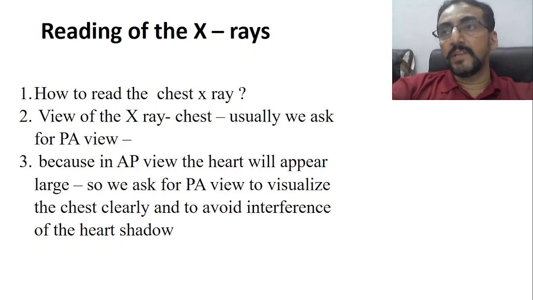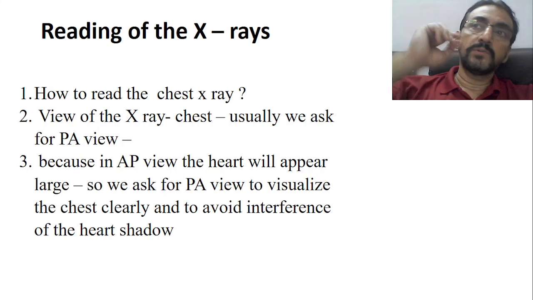Now whenever you want a chest X-ray in a child, which view you are asking is very important. We will write either for PA view or for AP view. Usually for bones, as in case of fractures, we will go for AP view.